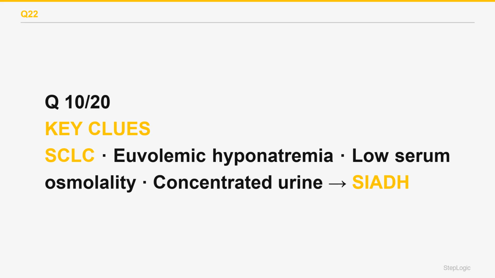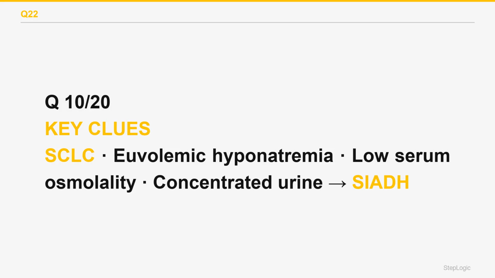This is SIADH, the syndrome of inappropriate antidiuretic hormone secretion. ADH is secreted ectopically and inappropriately despite low plasma osmolality, here from ectopic production by the small cell lung cancer.